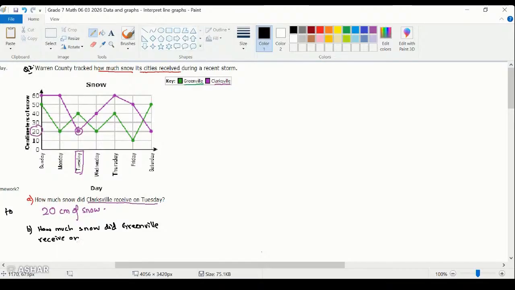Let's suppose on Friday. So what we can say is, when we look at Friday, this would be the amount of snow. That would be 10 centimeters of snow.